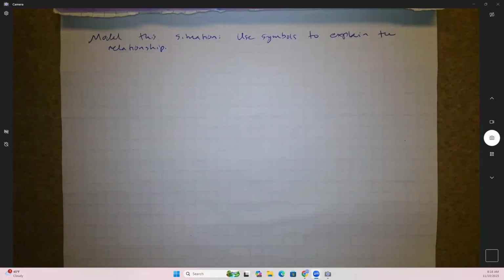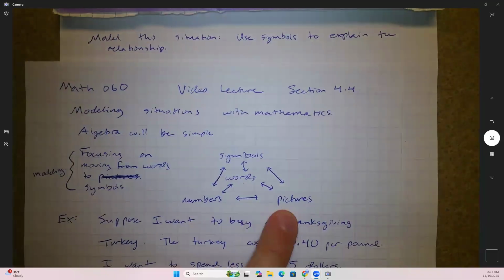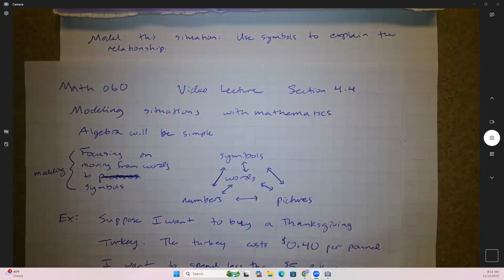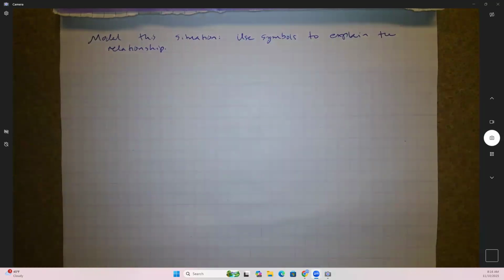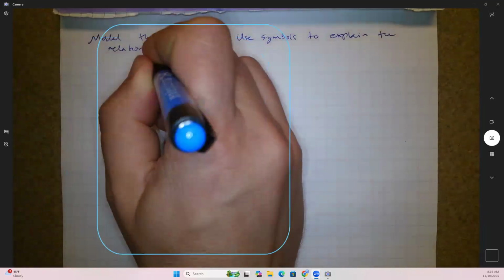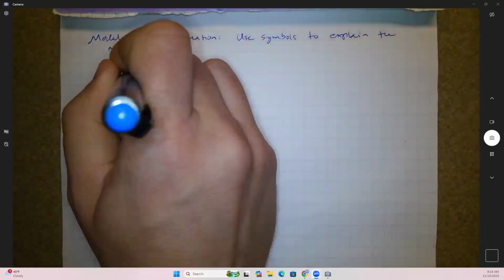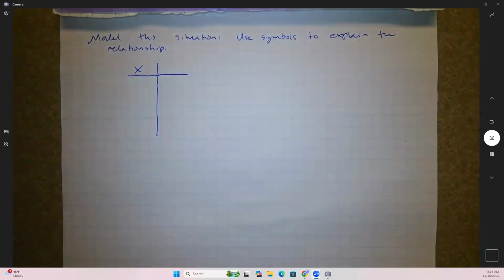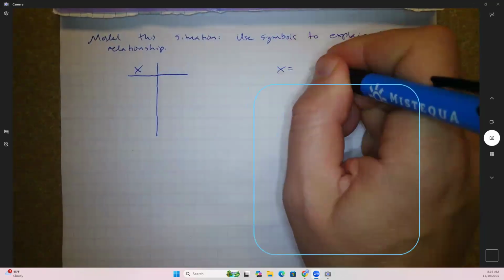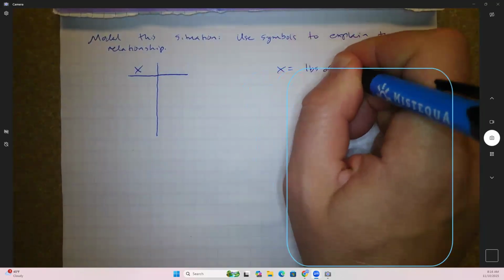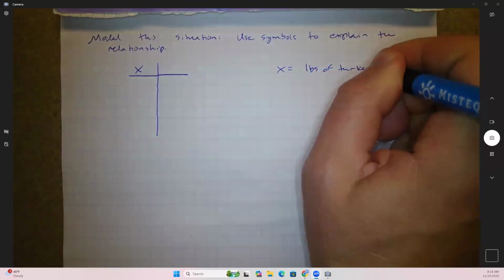But I really want to emphasize the point that using numbers and pictures can help get us to symbols if we're feeling stuck. So instead, let's start with a numbers representation in the form of a table. X equals the pounds of turkey, right? The number of pounds of turkey.